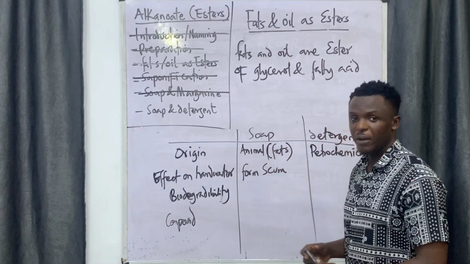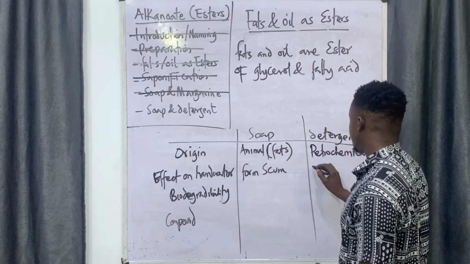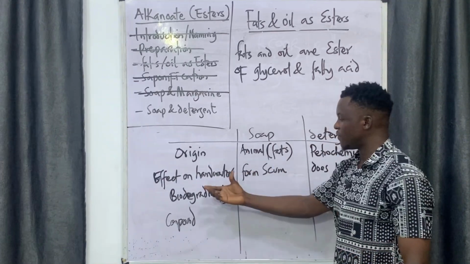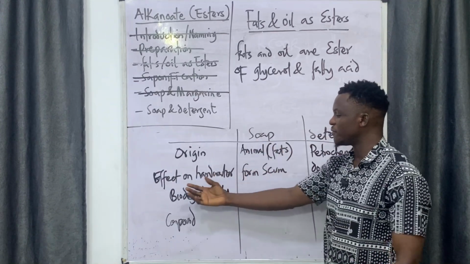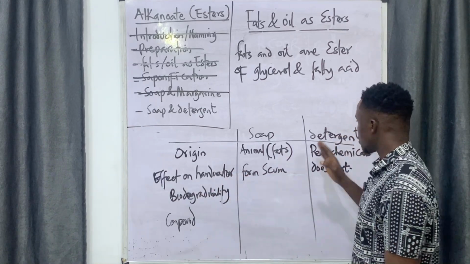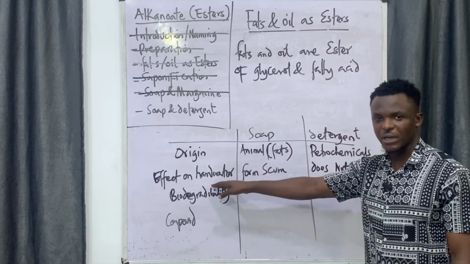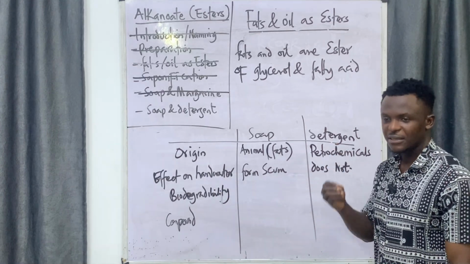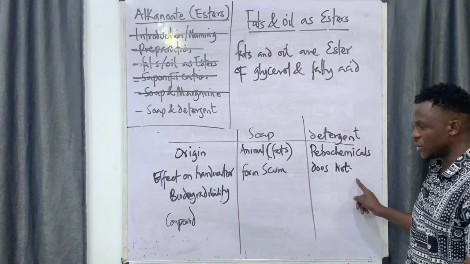Soap forms scum in water. Why? So, what is the effect of hard water on soap? Soap has no effect on hard water. Instead, it's going to form a scum, whereas detergent has effects on hard water. No matter how hard a water is, detergent will still be best for that. It does not form a scum.